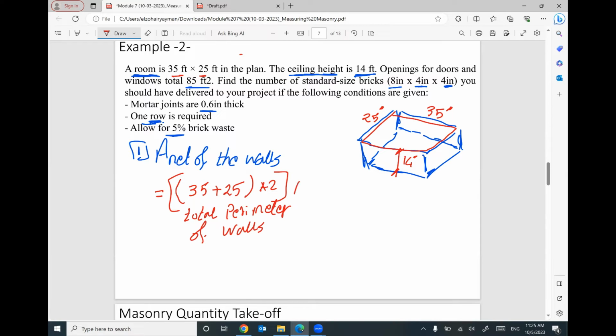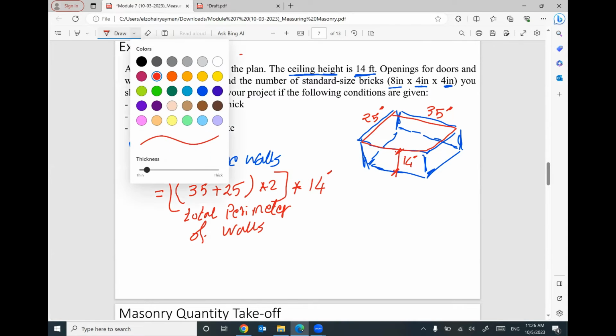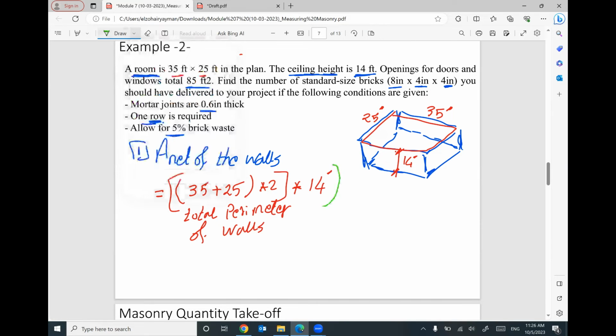I will multiply this perimeter by the total height of one wall, which is 14 feet. That means this is the total surface area of the walls. Since the problem gives me the total surface area of the opening, 85, I have to subtract 85 square feet from the total surface area of the wall.